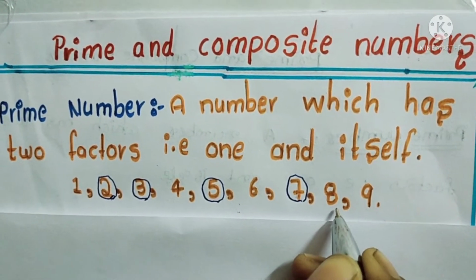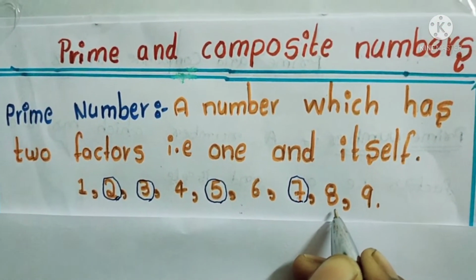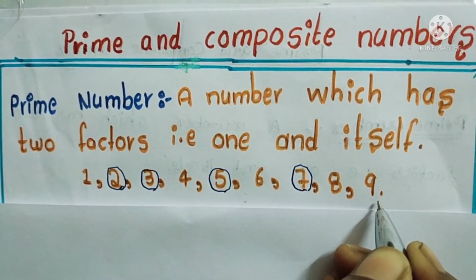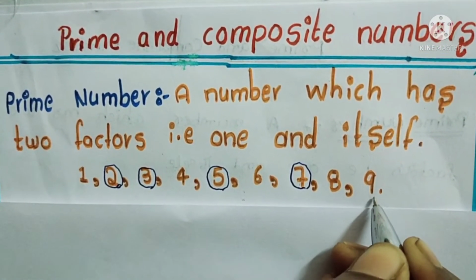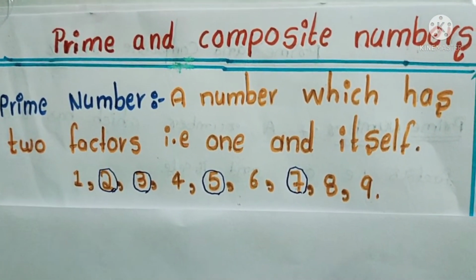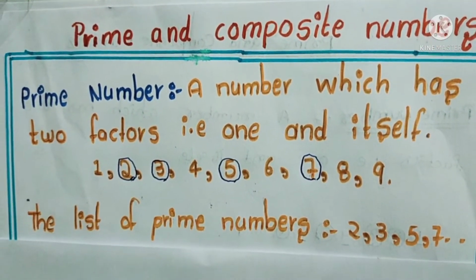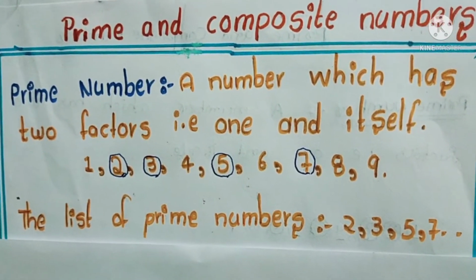8 has more than two factors, so it is not a prime number. 9 has more than two factors, so it is not a prime number. In this list, the prime numbers are 2, 3, 5, 7.